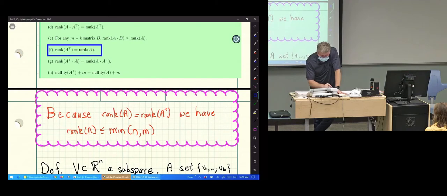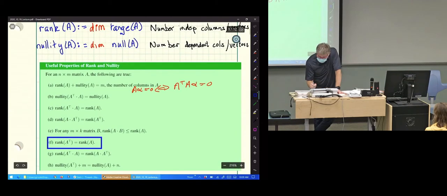By the rank-nullity theorem, the rank of A has to be less than or equal to the number of columns. It can't be more, because the dimension of the nullity is a non-negative integer, and the rank is a non-negative integer.